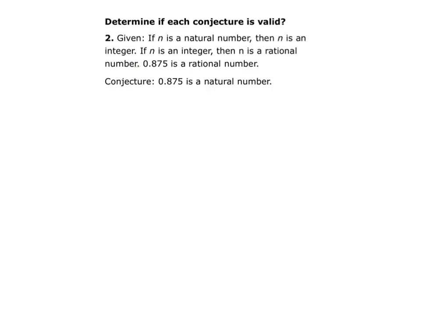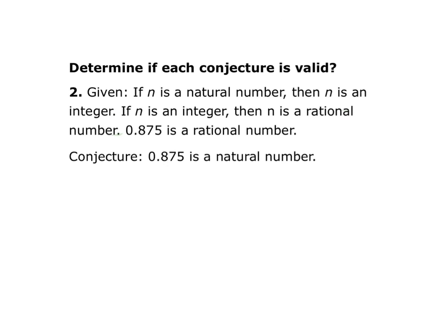Okay, we have time for one more. If n is a natural number, then n is an integer. If n is an integer, then n is a rational number. Let's look at the first sentence. If n is a natural number, this would be our P. Then n is an integer. This is our Q. If n is an integer, we've seen that one before.